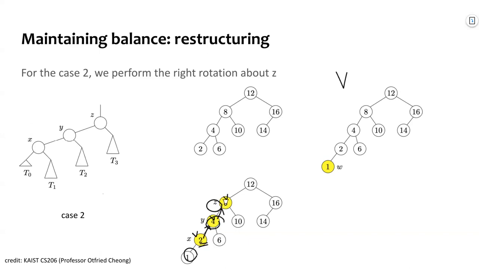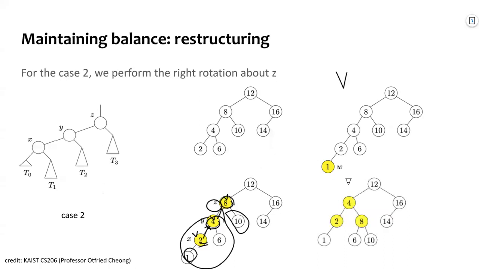And when you have a look at this node, the height difference between the left part and the right part is larger than 1. In fact, it is actually 2, right? So we can perform right rotation like this, and the height is balanced.